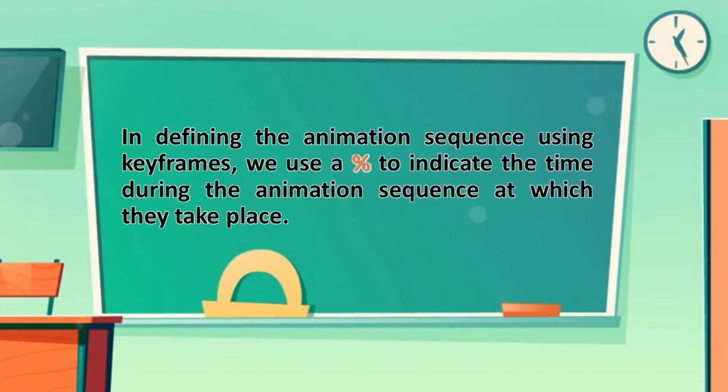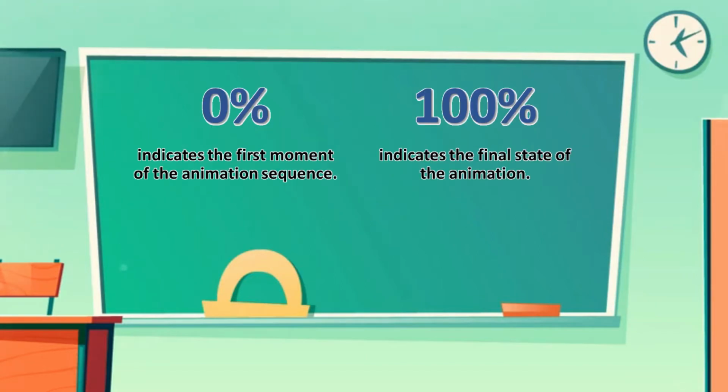In defining the animation sequence using keyframes, we use a percentage to indicate the time during the animation sequence at which they take place. 0% indicates the first moment of the animation sequence, while 100% indicates the final state of the animation.